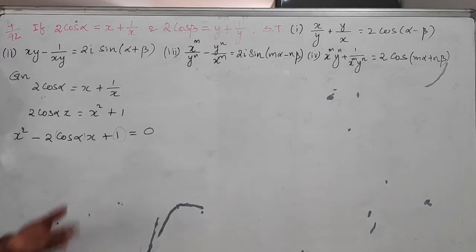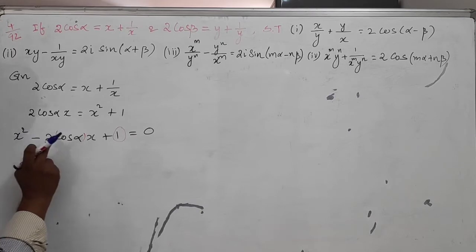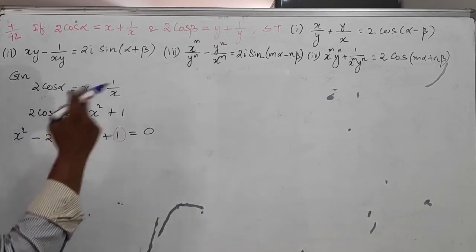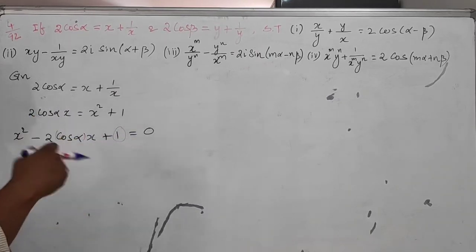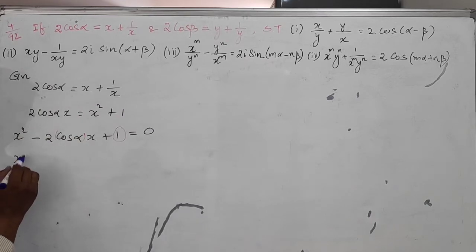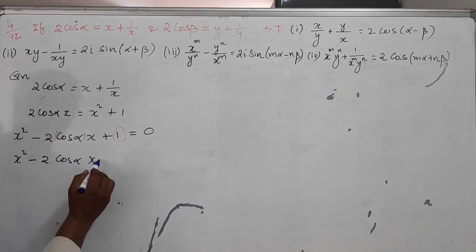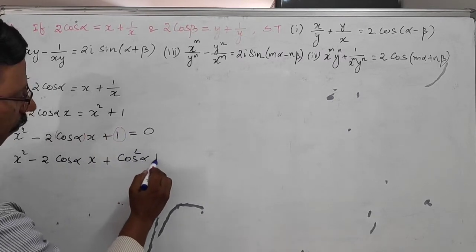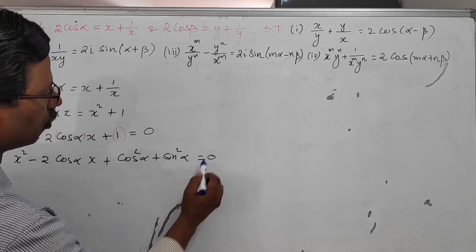Now I am going to solve by the complete square method. This is x square minus 2ab plus b square, and we need b, which is here cos alpha, so b square is cos square alpha. Therefore I am going to write this 1 as cos square alpha plus sin square alpha. Therefore you can get x square minus 2 cos alpha into x plus cos square alpha plus sin square alpha, which is equal to 0.